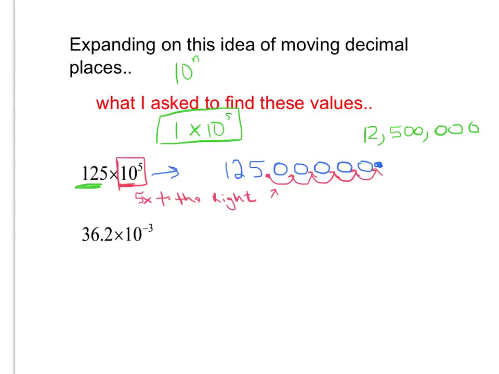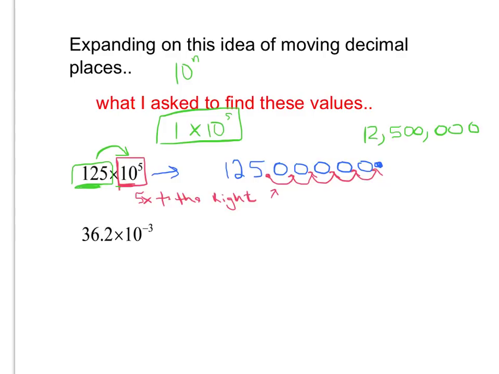Because what I really did is, instead of using 1 to start with, this is telling me that I want to start with 125, and then move your decimal place 5 times to the right.